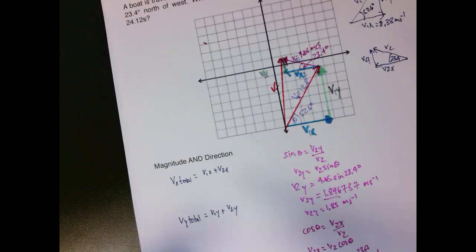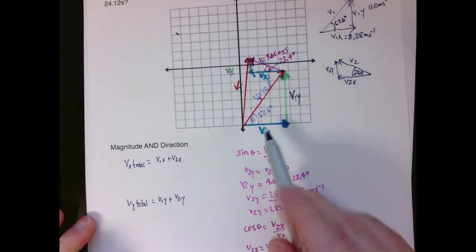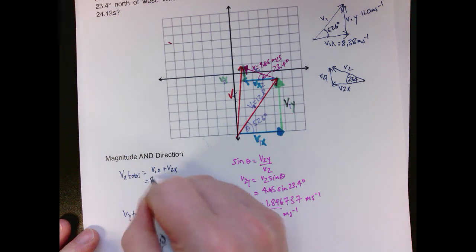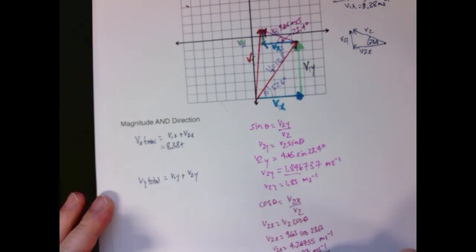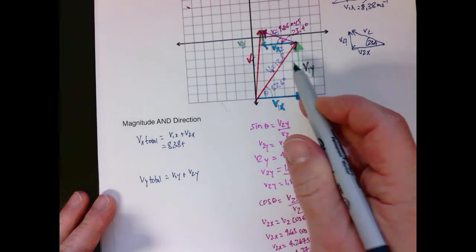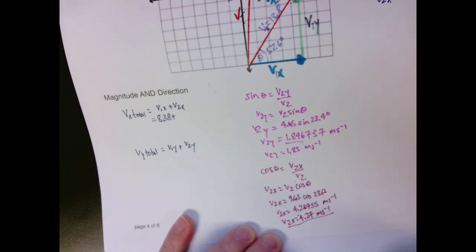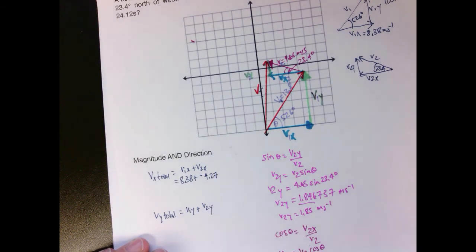All right, so now let's go back up here to v2x. Now, v1x is positive 8.38. And v2x is not 4.27. This is where we have to be careful. It's in the opposite direction, so it's actually negative 4.27. So this is minus 4.27.